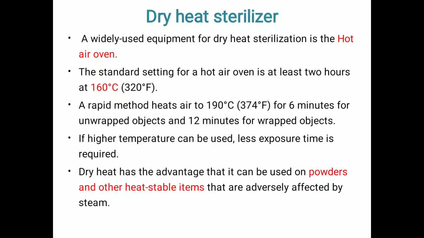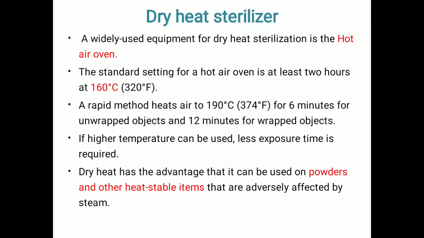A rapid method heats the air to 190 degrees Celsius for 5 minutes for unwrapped objects and 12 minutes for wrapped objects. We already discussed that whatever material we want to sterilize in the autoclave as well as in the hot air oven must be wrapped.